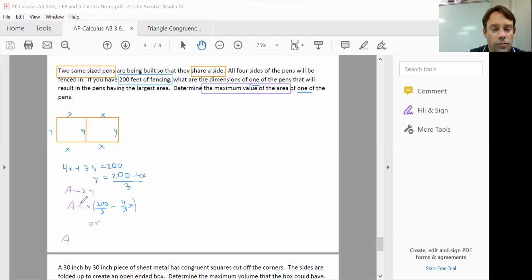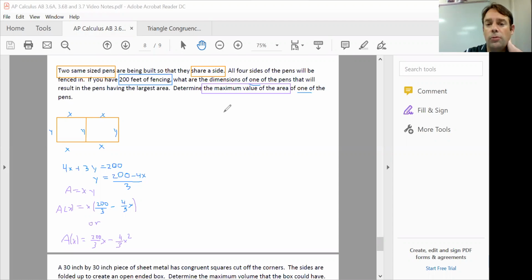And I should add an A of x up there. So we have 200 over 3 x minus 4/3 x squared.